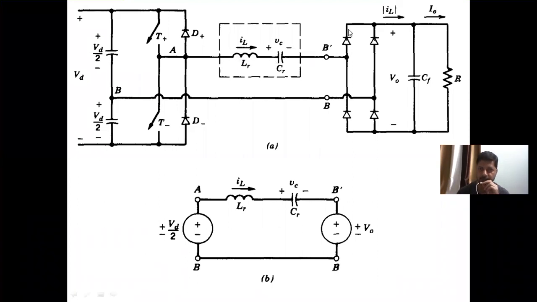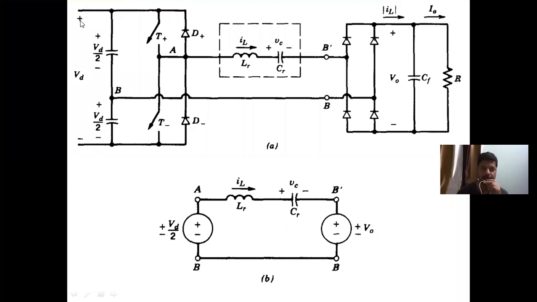It will flow from B', this diode, load, this diode, and back to B. So that V'(B) will be equal to plus V0. However, if the inductor current is negative, it will come from this diode through this path and here. So this B' will be connected to the negative terminal and B will be connected to the positive terminal of the output, so that V'(B) will be equal to minus V0.